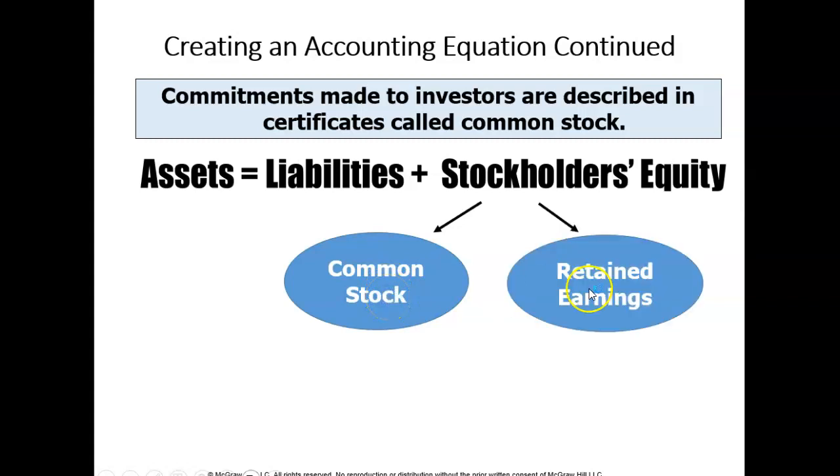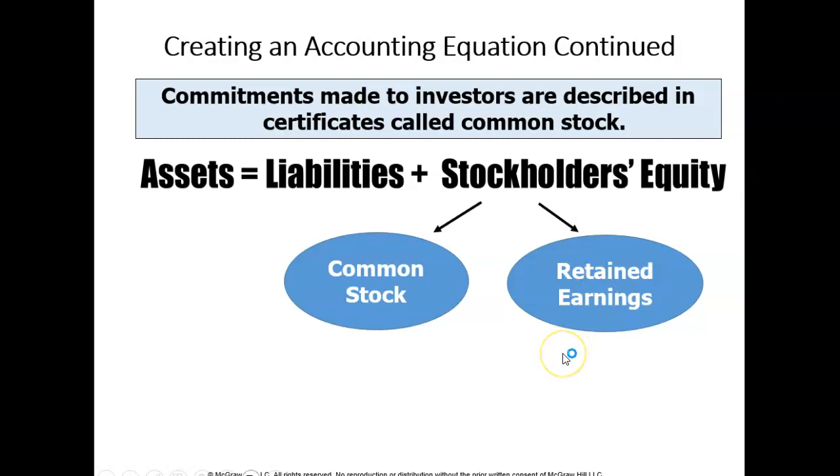Okay? Retained earnings. As a company makes a profit from providing services, selling products, or a combination of those two, the amount of money retained inside the business is known as retained earnings.